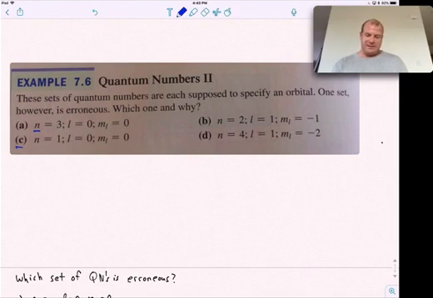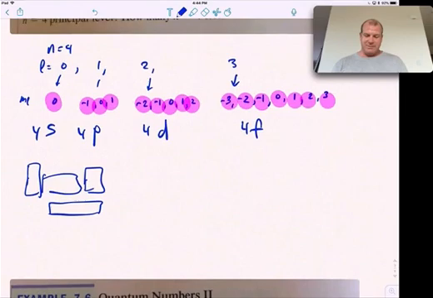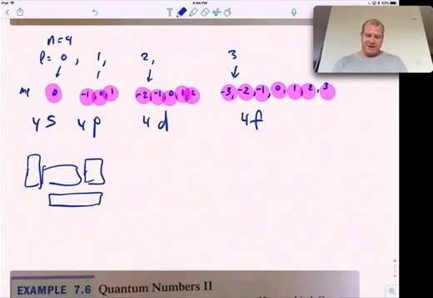D, n equals 4. That means L can be 0, 1, 2, or 3. Being 1 is fine. m sub L then can be minus 1, 0, or 1. Oh, we got something here. m sub L is minus 2. This doesn't work. This one is erroneous. But you might say, this one's n equals 4, and we have an m sub L of minus 2 in two locations here.